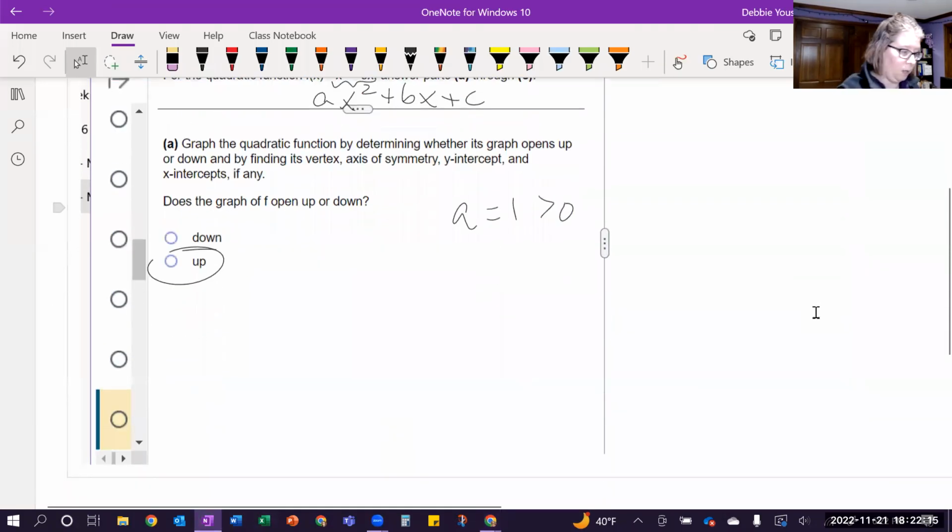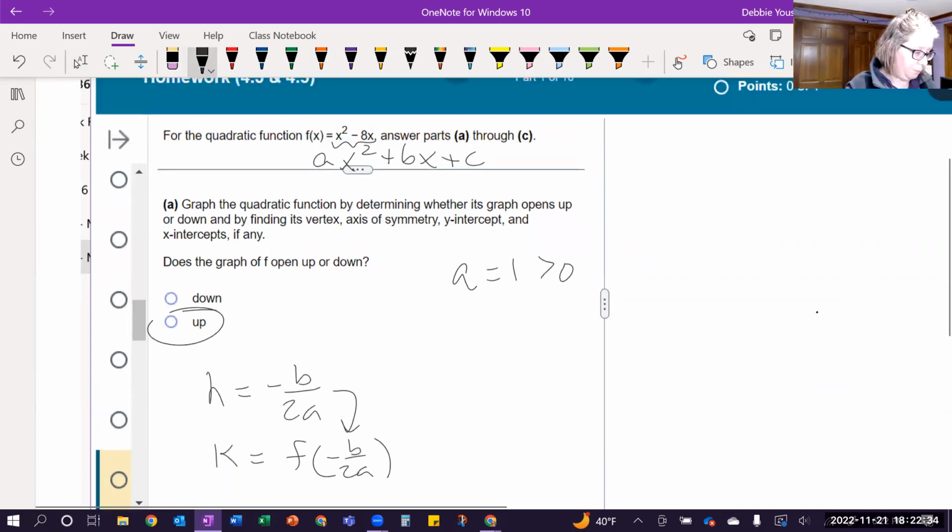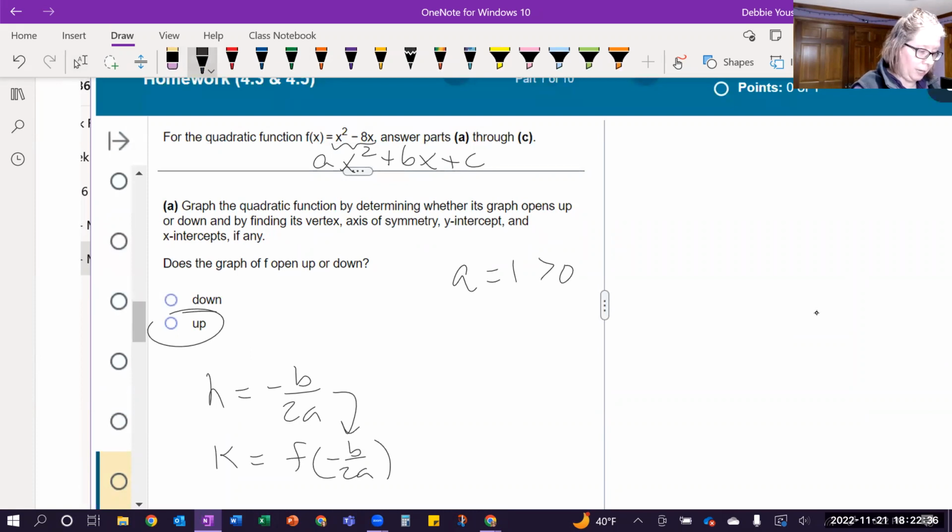And so our formula is that to find h, that's opposite of b over 2a, and to find k, you're going to take that and substitute it into your function to evaluate that. So in our equation, a, I already said, is 1. Looks like b is negative 8, and I don't need a c. In this case, c is actually 0, but we don't actually need it for this formula.